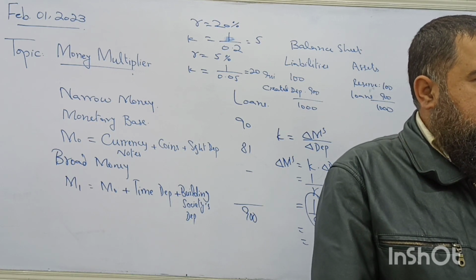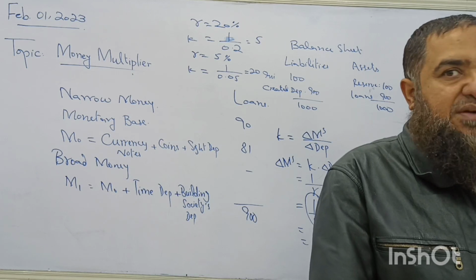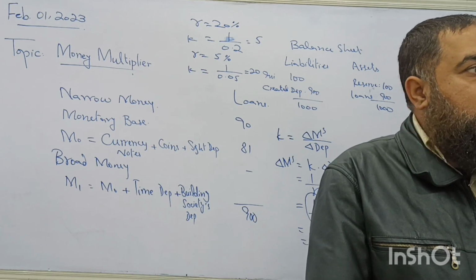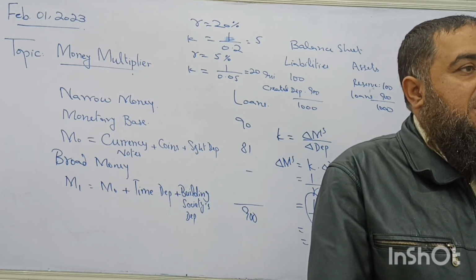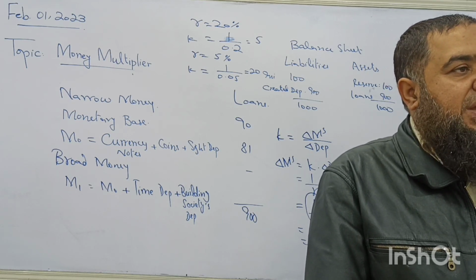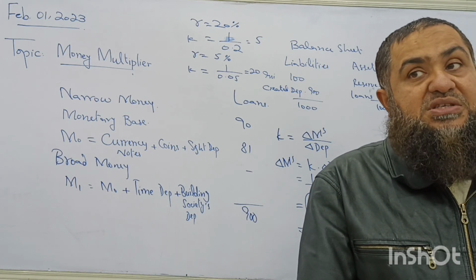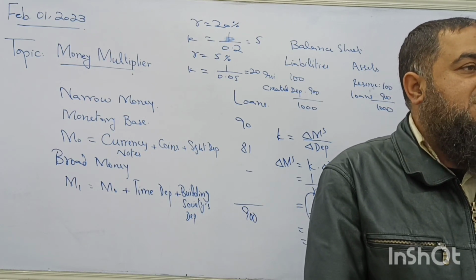Followed? So I wanted to explain to you how the money multiplier works in the economy to have more money created by the commercial banks. The main function of the commercial bank is to have money supply according to the central bank's monetary policy.